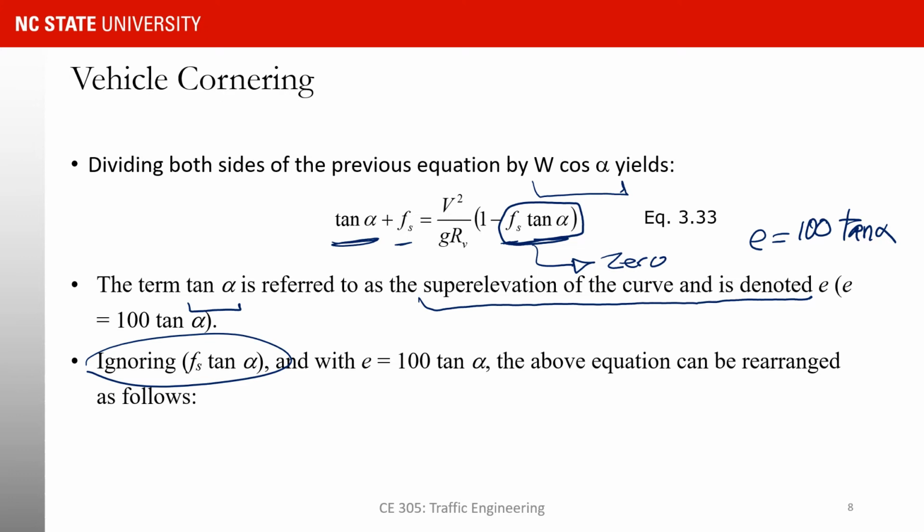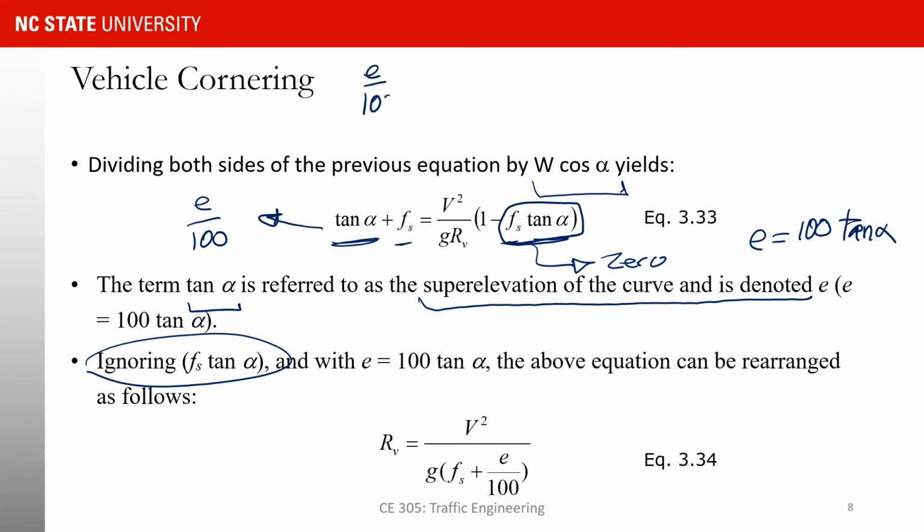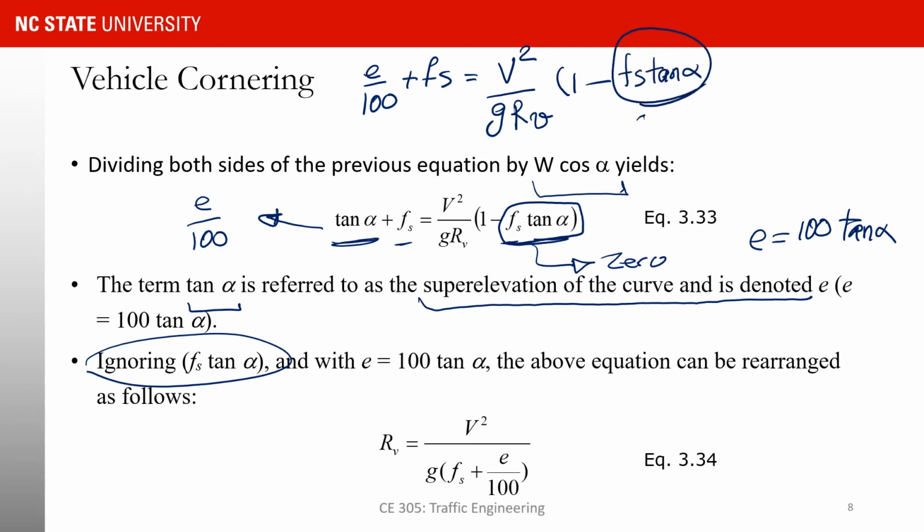And then on this side, rather than putting tangent of alpha, I'm gonna put E over 100. Okay, so if you do that and you solve this equation, rather than tangent of alpha, I'm gonna have E over 100 plus F sub S is equal to V square over G R sub V times 1 minus F sub S tangent of alpha, and I said that this is 0, right?